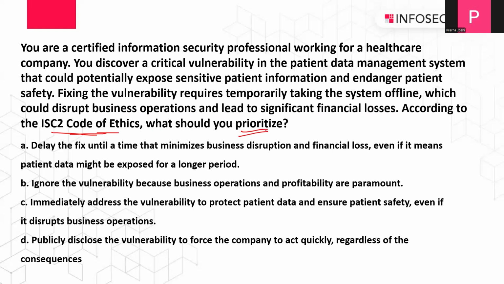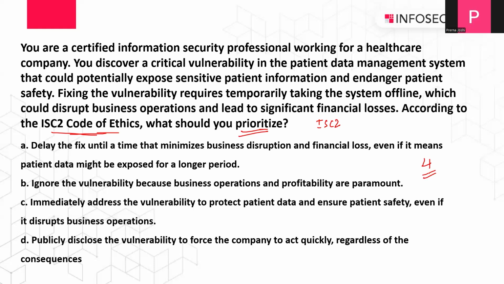When we talk about the ISC Square Code of Ethics, just remember this fight is between you and ISC Square, and we have to follow what the ISC Square Code of Ethics says. It has a total of 4 canons.